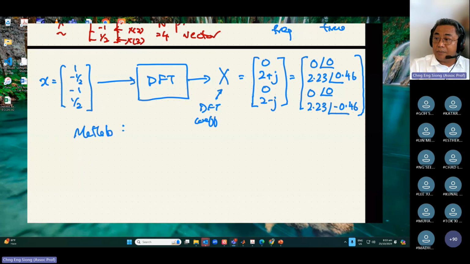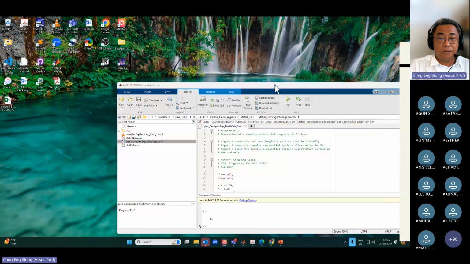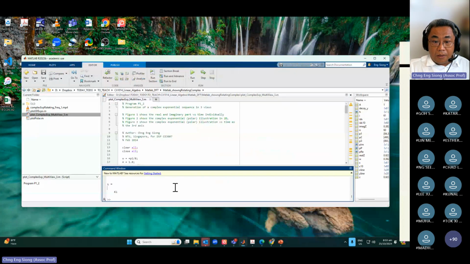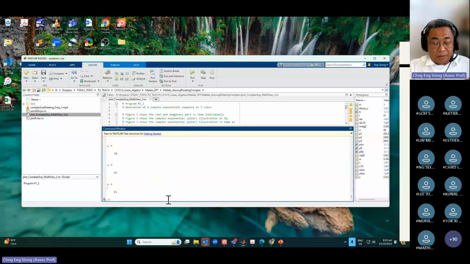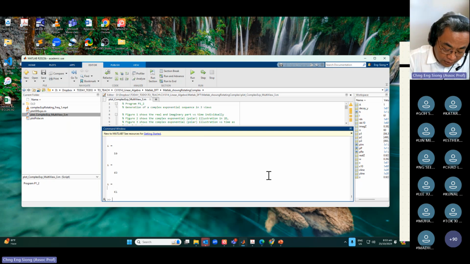All right, now if you're in MATLAB, what do you think I would type, guys? Let's try. I know you might not be able to see this, but let's try anyway. In MATLAB, DFT is equal to FFT, and FFT stands for fast Fourier transform.